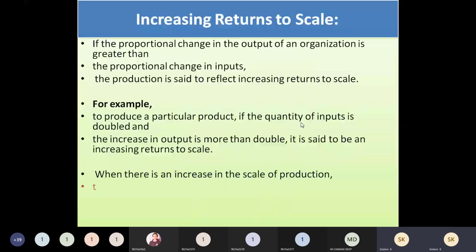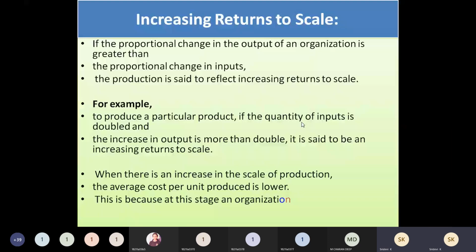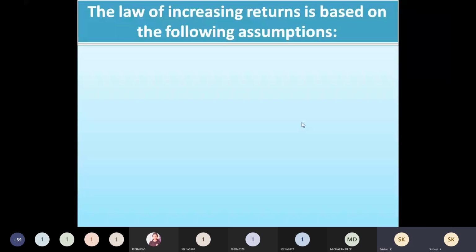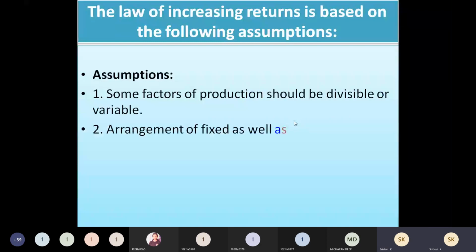So for this law, the first assumption is that all the inputs will be changing, and this law is applicable to long run only. Like that, you write the assumptions of these laws.